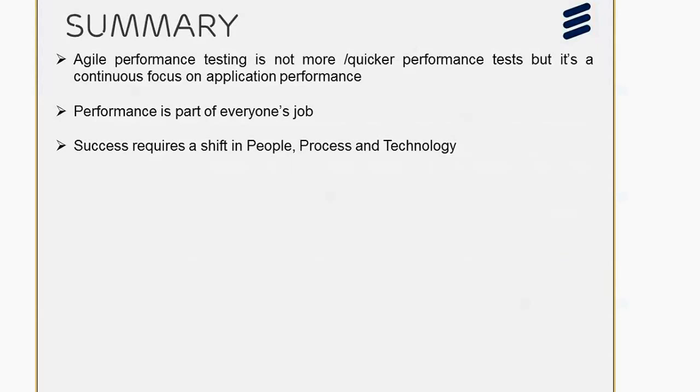Again, performance is a part of everyone's job. It's not only a performance tester's job to do the performance testing. It's everyone's job, starting from developers, solution architects, testers, everyone.